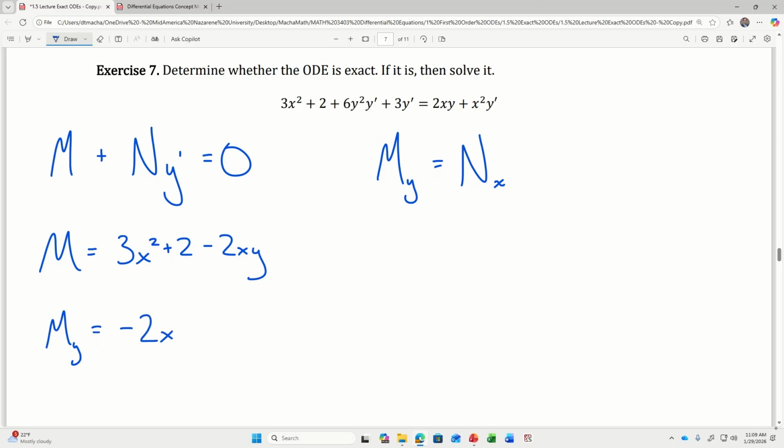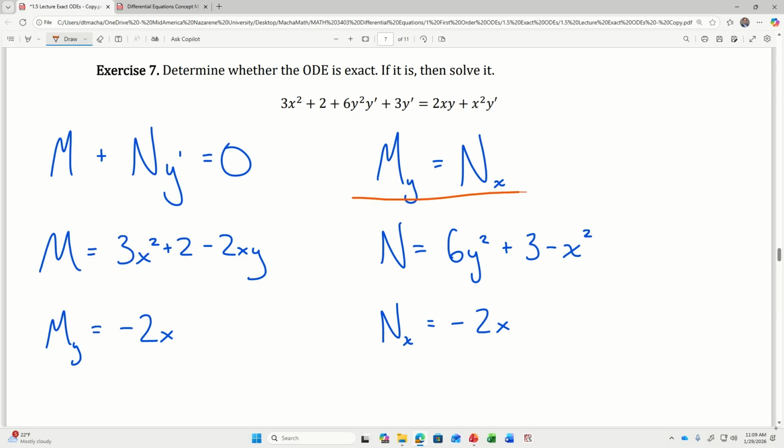All right, what is capital N? Don't forget the plus 3, yeah. Otherwise you're good. And what is the partial of capital N with respect to x? Very good. And look at that.